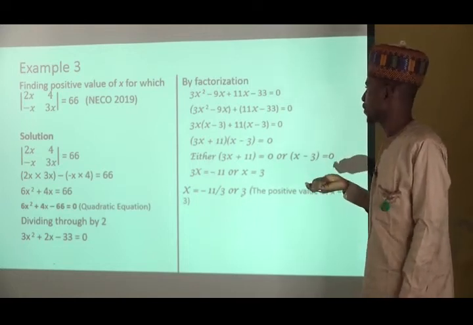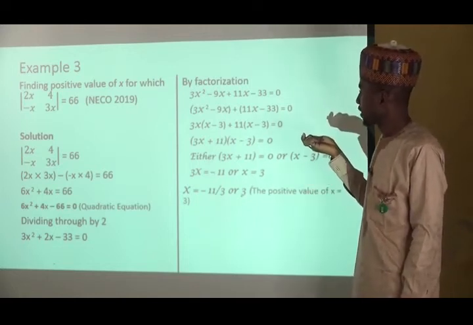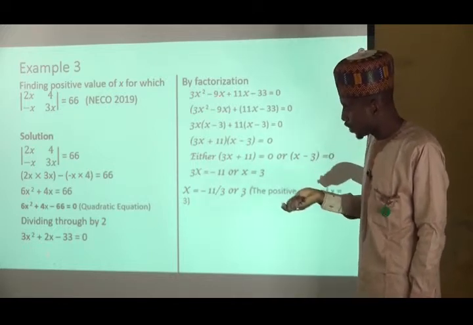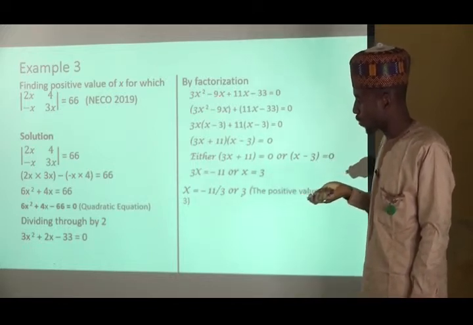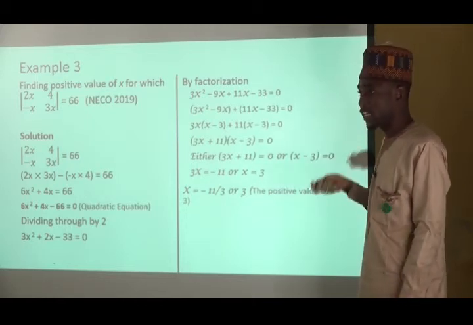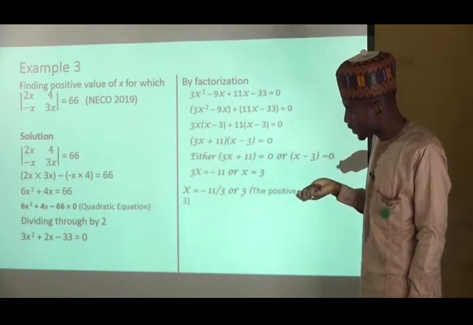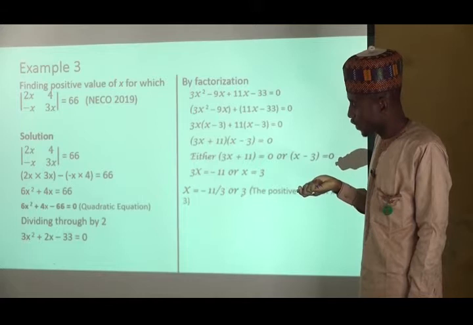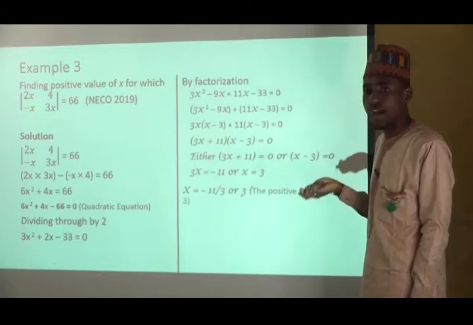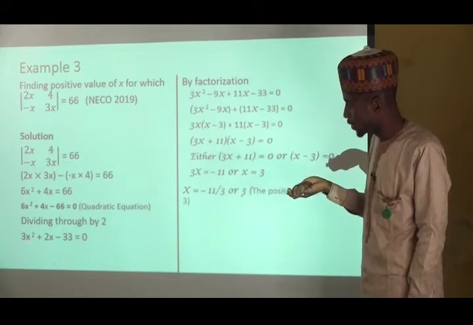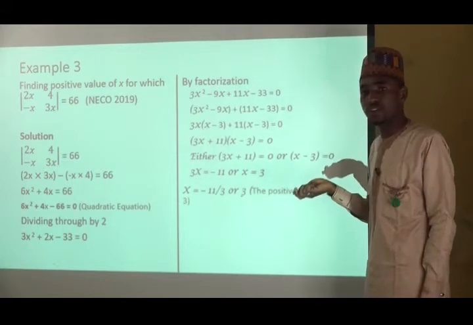One may ask, how did I arrive at minus 9x plus 11x? You go back to the original quadratic equation, which is 3x squared plus 2x minus 33. Since we are applying the factorization method, you must consider the coefficient of x squared. Since the coefficient of x squared is greater than 1, you have to multiply the coefficient of x squared times the constant, which is minus 33.